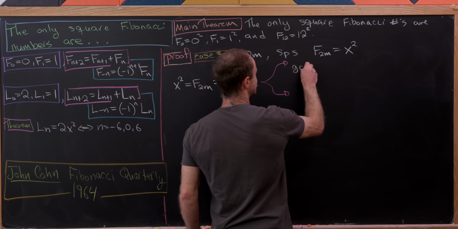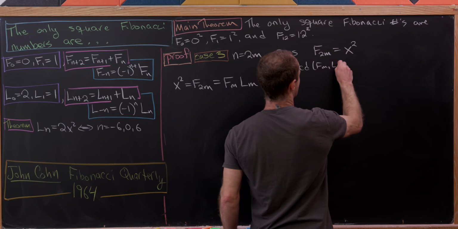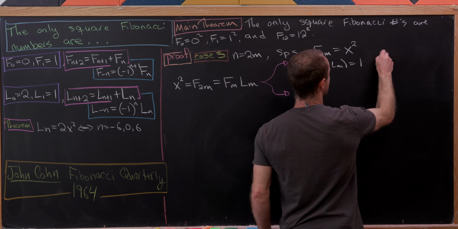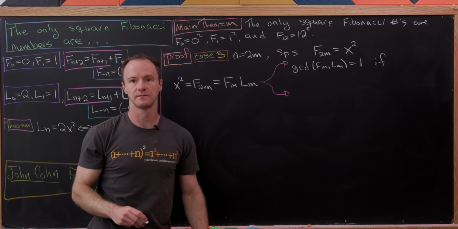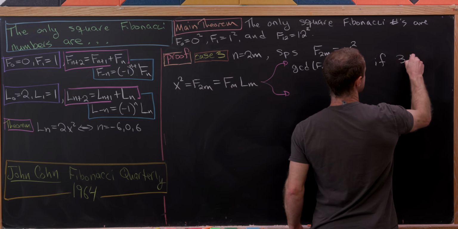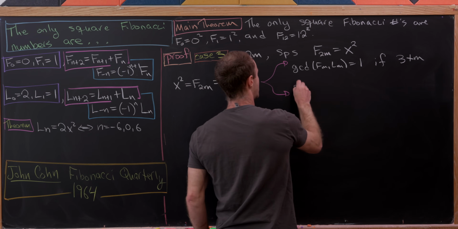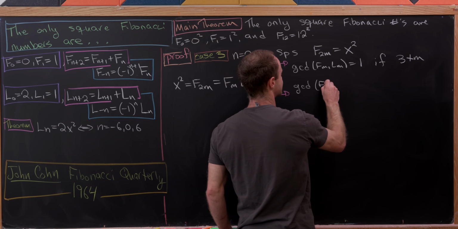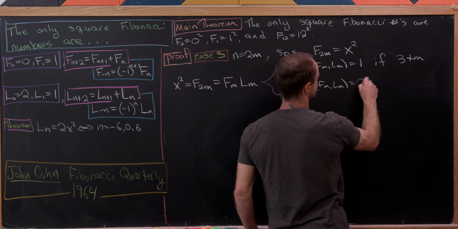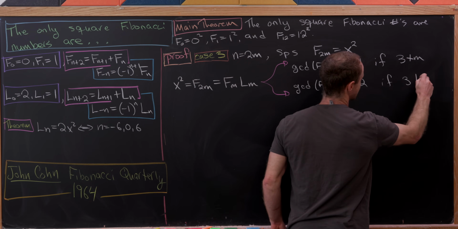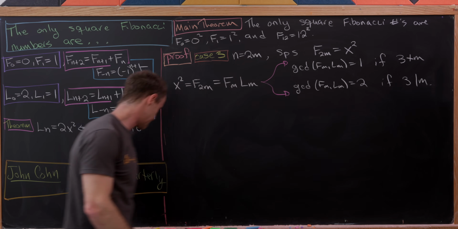So we have the GCD of f sub m and L sub m is equal to 1 if 3 does not divide m, but the GCD of f sub m and L sub m is equal to 2 if 3 does divide m.